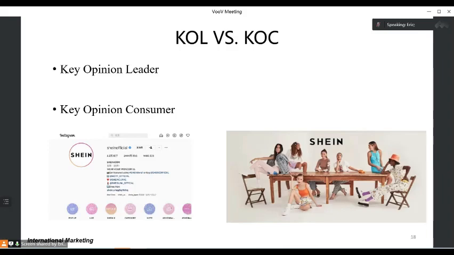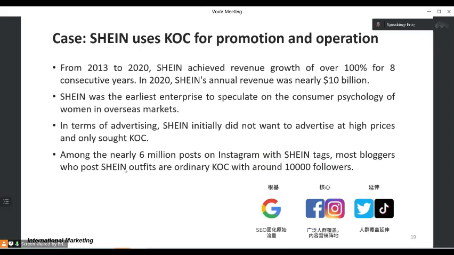This example is about Shein. We know that Shein is excellent and successful in the clothing industry. In these years, Shein is more successful than Zara and H&M.